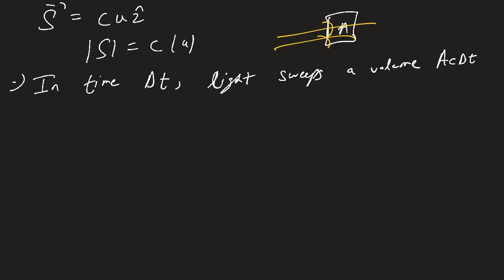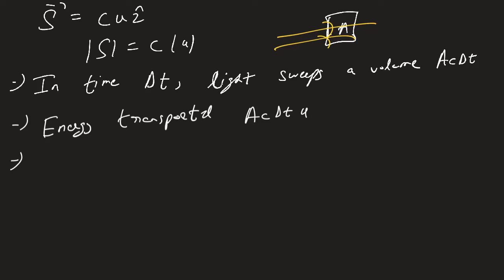Okay? So the amount of energy transported in this time would be basically the volume, which is A c delta t, times the energy density U. So that's the total energy transported, but S, the Poynting vector, we know is the energy flux per unit area per unit time.